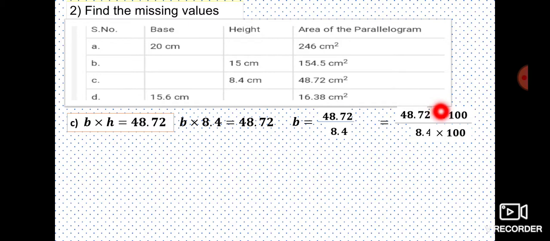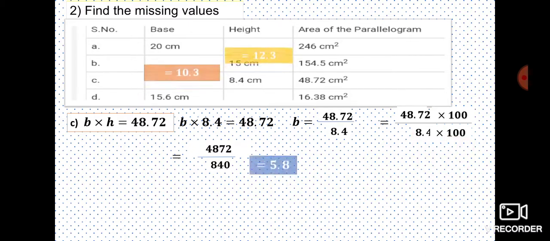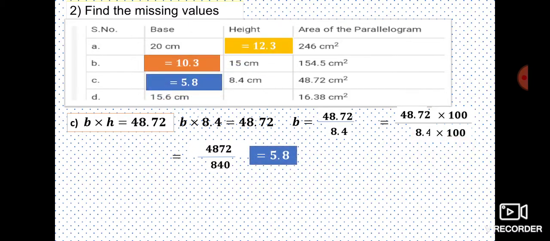When we multiply with 100, the point will be removed. Then 4872. But here 8.4 into 100, this number becomes 840. 4872 by 840. By our usual division method, we will get 5.8. So C answer is 5.8.